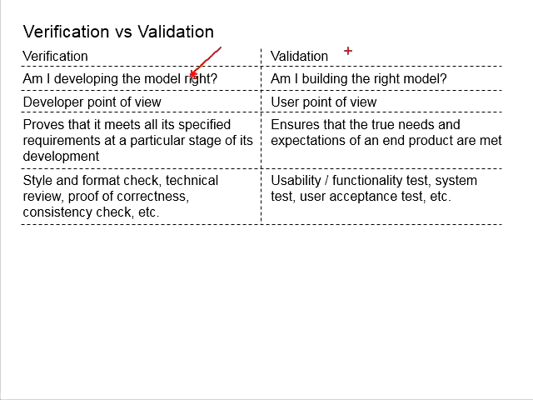If you look at the terminology used within the question statement here, developing the model right is more related to the right process of developing the model. While if you are talking about building the right model, that means using a correct model to achieve certain tasks. It is more towards the output of the work that you have done.